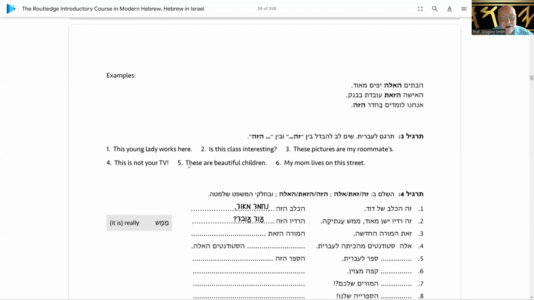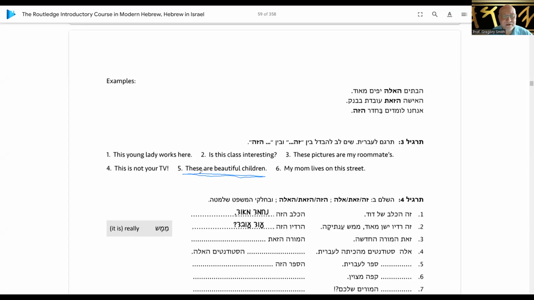Okay, these are beautiful children. And I bet you it's going to use Ayla. And it's just a straight statement. These are beautiful children. So maybe it would be, it doesn't say beautiful children are these. It says these are.